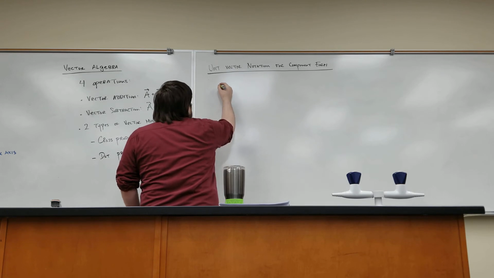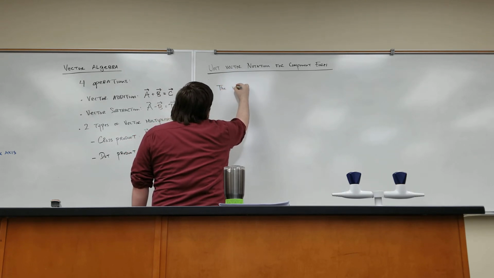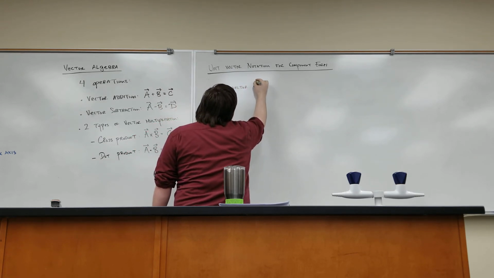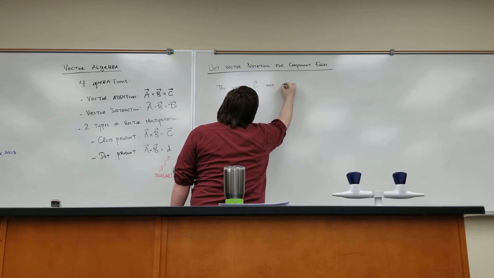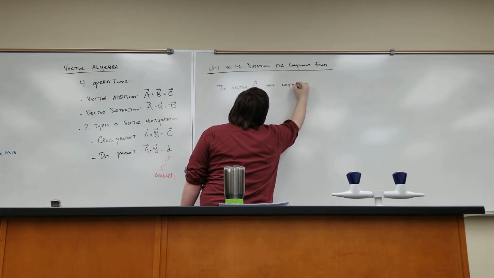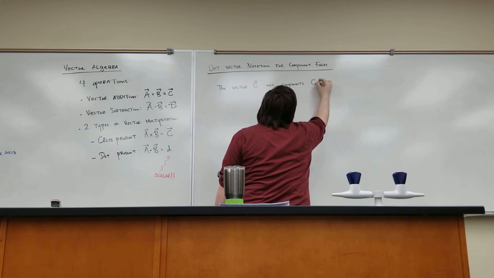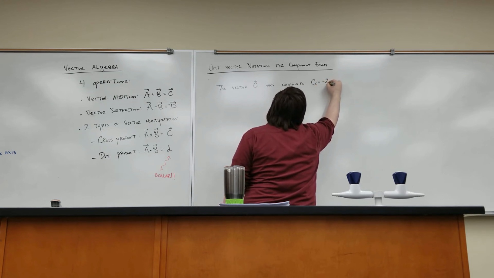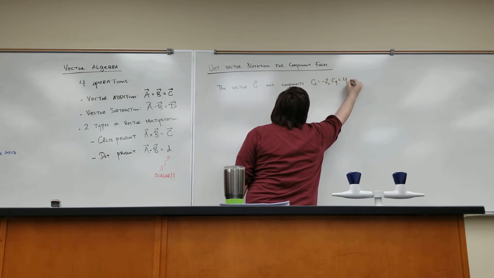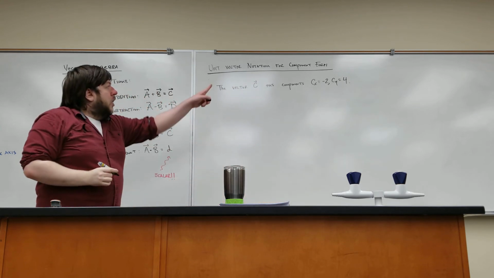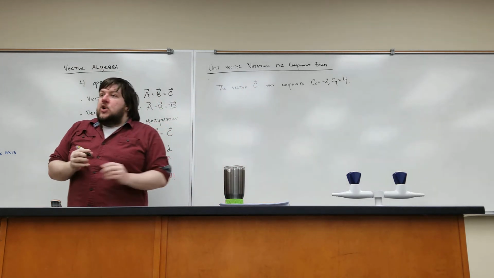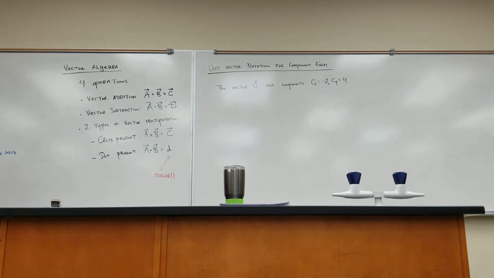When I said the vector C has components, I don't remember what I wrote. Cx is, let's say, -2, Cy is 4. It doesn't really matter. Those numbers just tell you how far the vector points in each of the two possible directions.